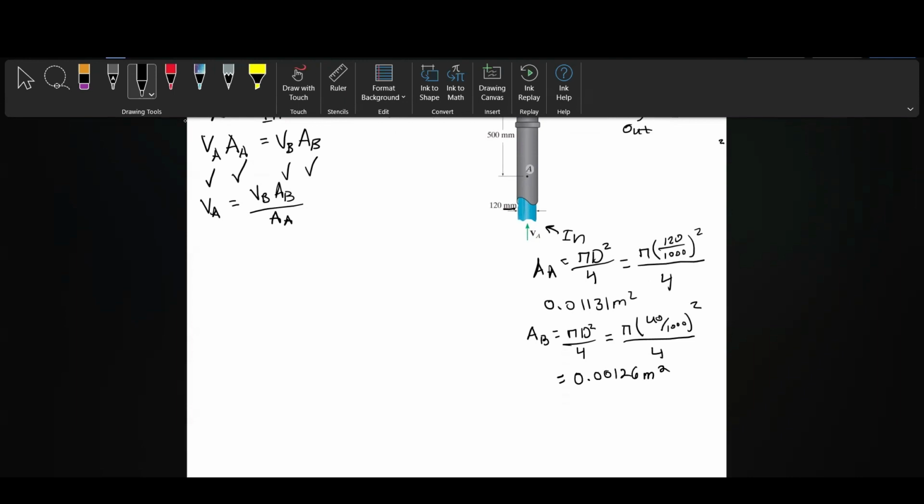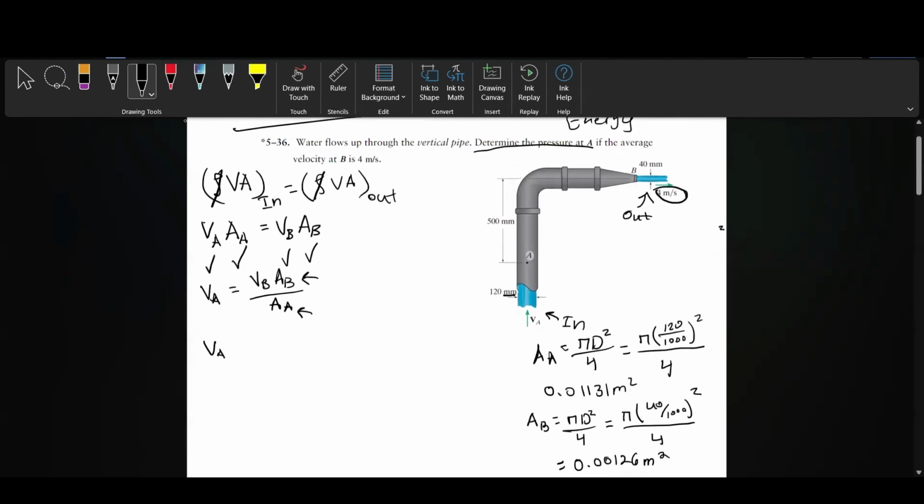meters squared. So if you plug those numbers in here, we're going to have VA equals VB, which we know is 4, given that.